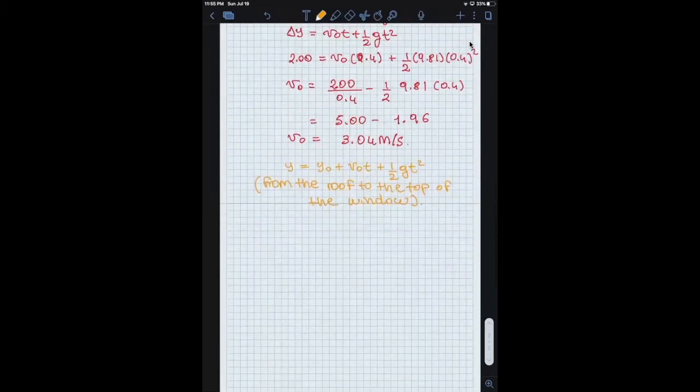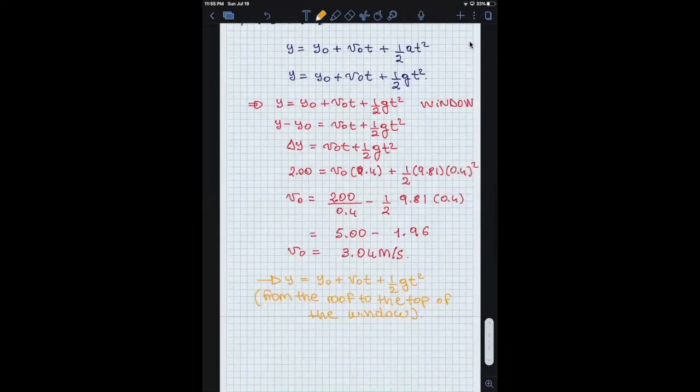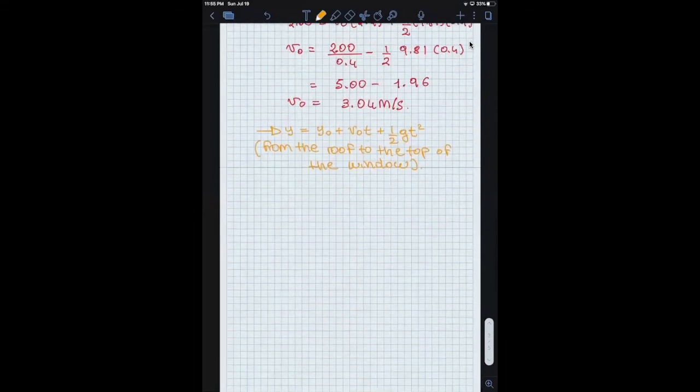But we can simplify this formula. Y naught, as we can see here, is 0. Y is 0 when the ball is at the top. So y naught is 0. V naught is 0 because the ball was dropped.